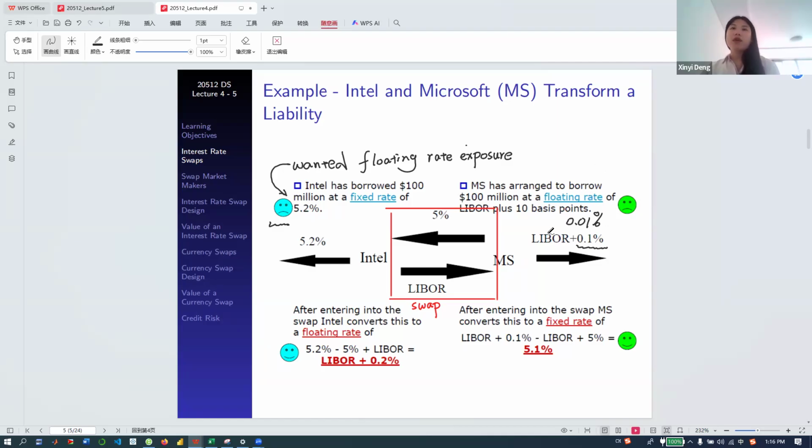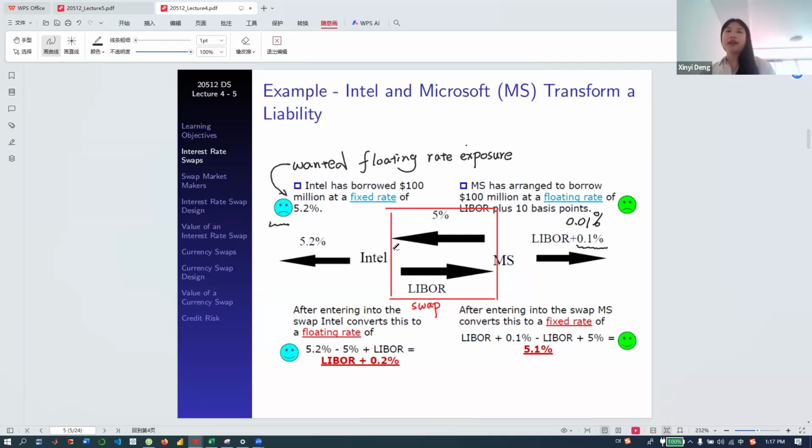So what the swap does is that the swap agreement will specify that Intel is going to pay the LIBOR rate based on the notional principal to Microsoft, and Microsoft is going to pay a fixed rate of 5% to Intel.